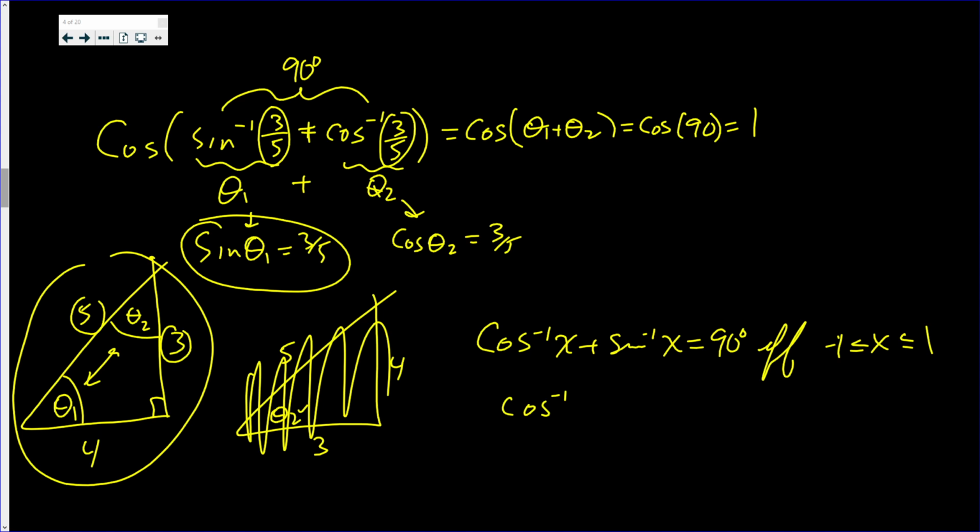The cosine inverse of 23.4 degrees plus the sine inverse of 23.4 degrees is equal to 90 degrees, or 180 over 2. That is pi over 2. Oops, I made one mistake.